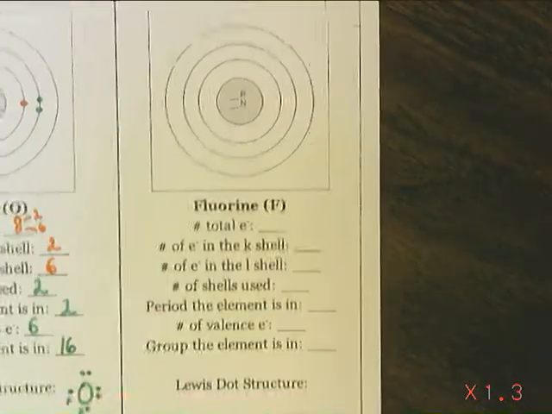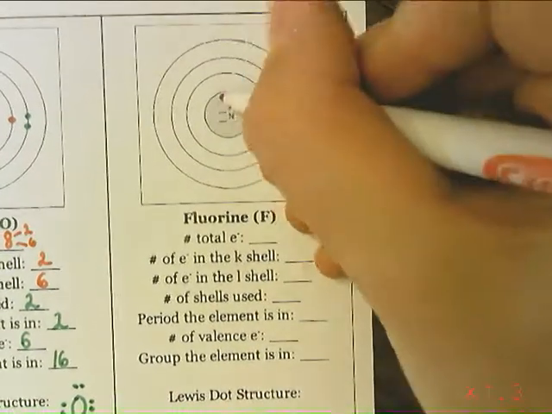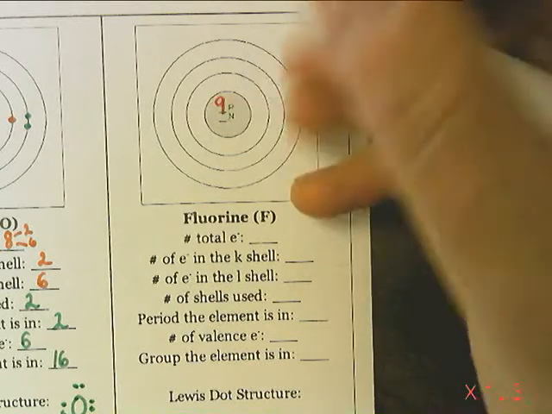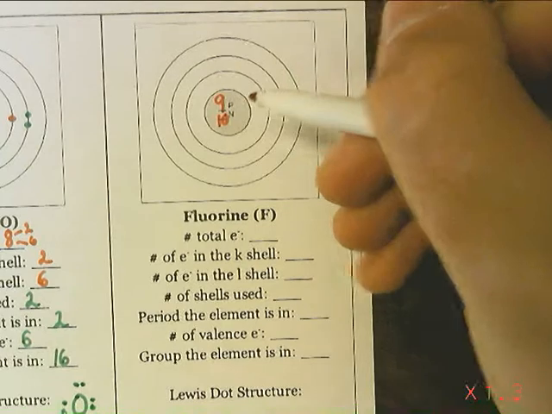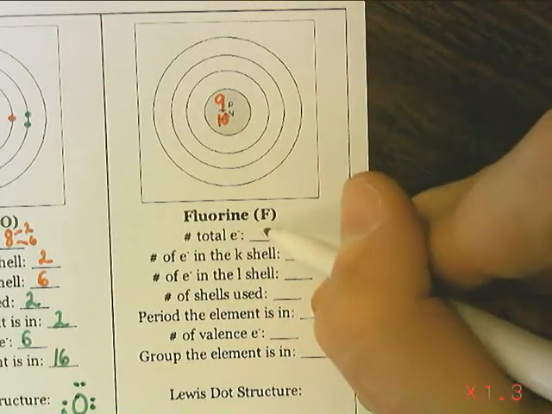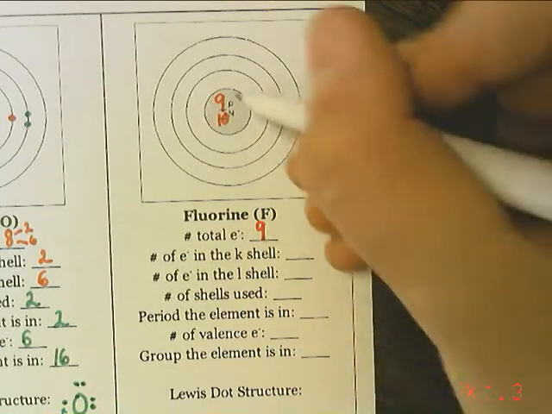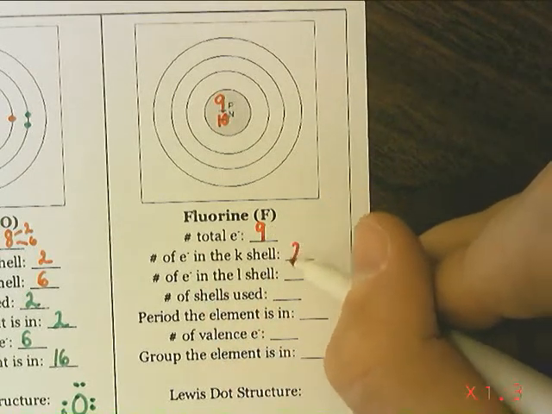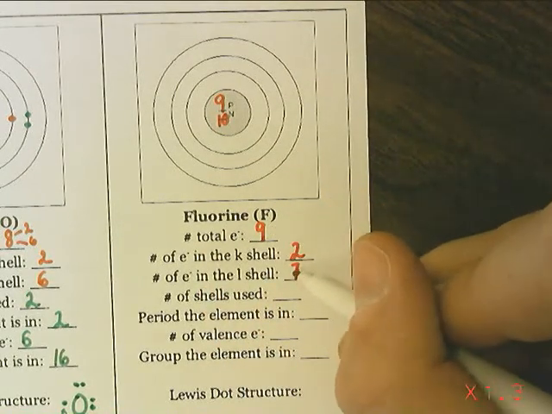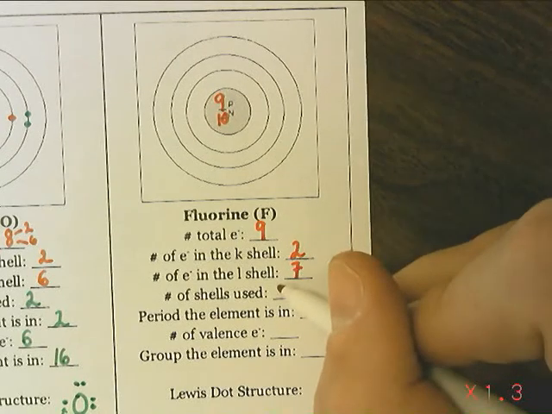Let's move on to fluorine. Fluorine has 9 protons. You do some fancy math with the rounding and the mass number, blah, blah, blah. You get 10. 9 total electrons if it has 9 protons. That means we have 2 in the K shell. And we're going to put the remaining 7 in the L shell. We're going to use 2 shells.